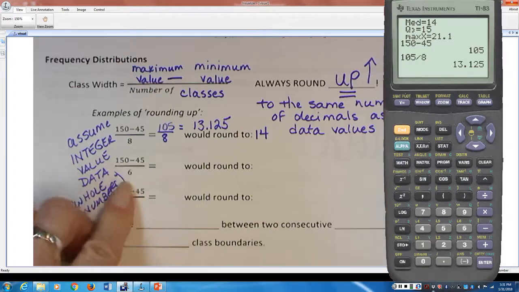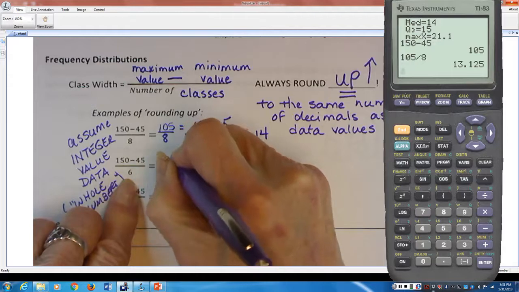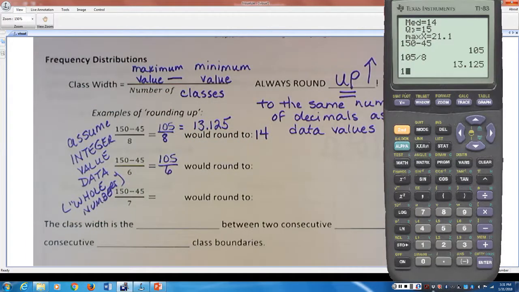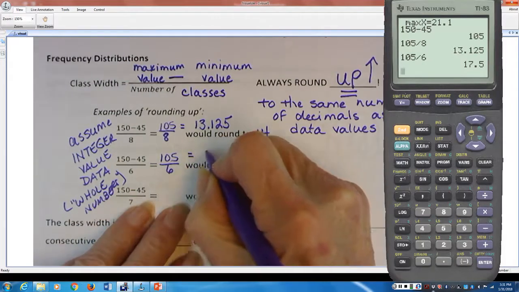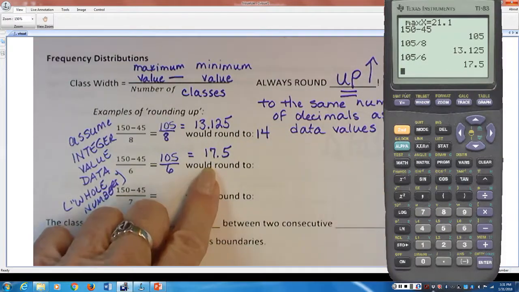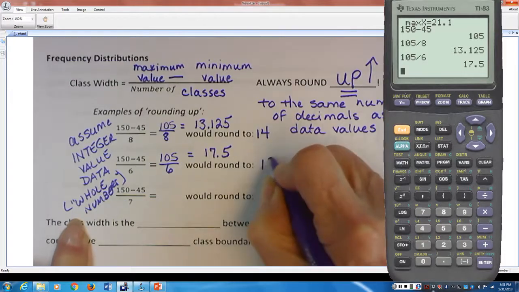If I were trying to make 6 classes, instead of 8, I would have divided by 6 and gotten 17.5. And 17.5, because I'm going to the next whole number, would be rounding to 18.